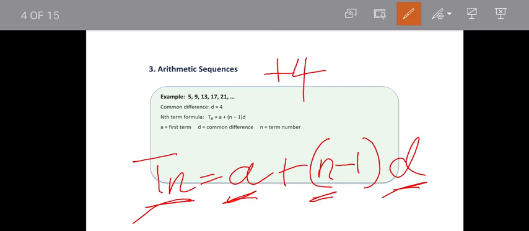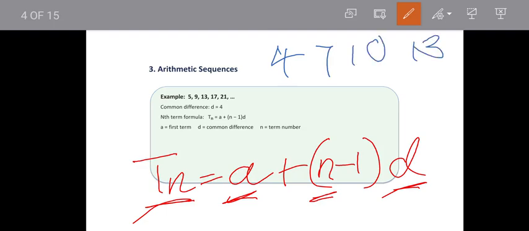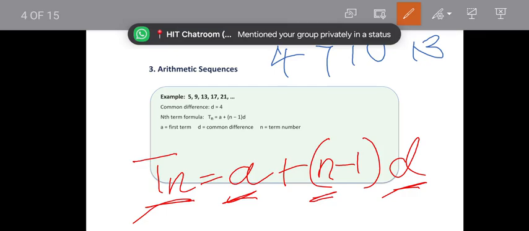So now we have got an example question. Let's say that we are given these values: 4, 7, 10, and 13. And then the question says to find the nth term.